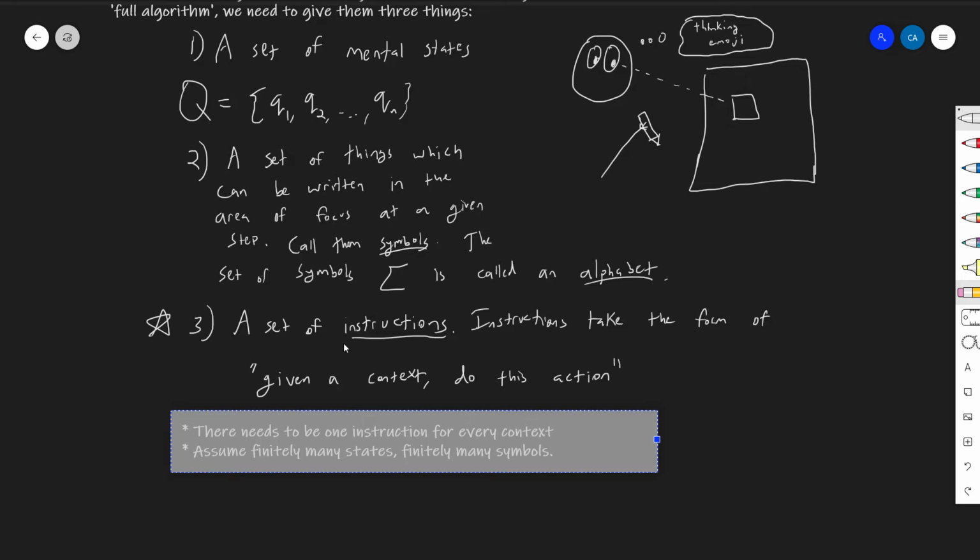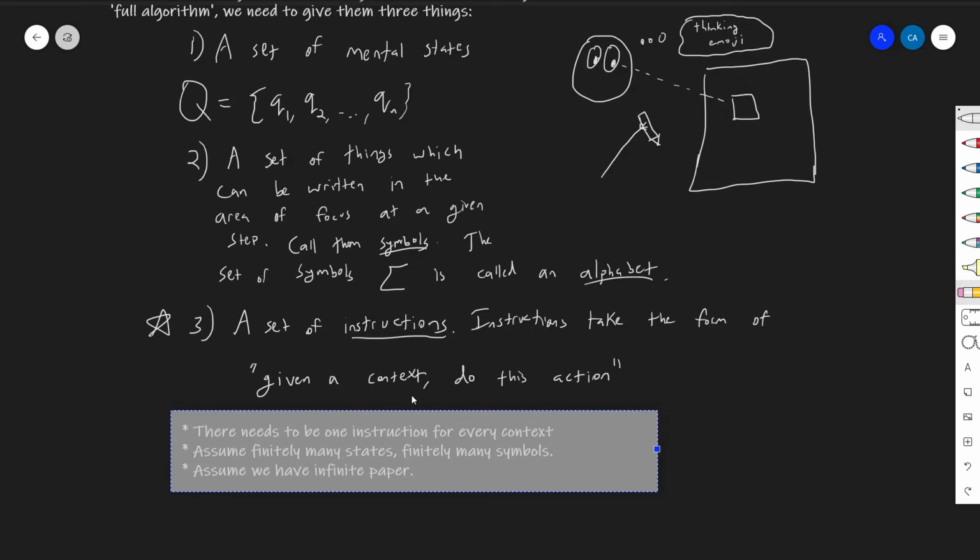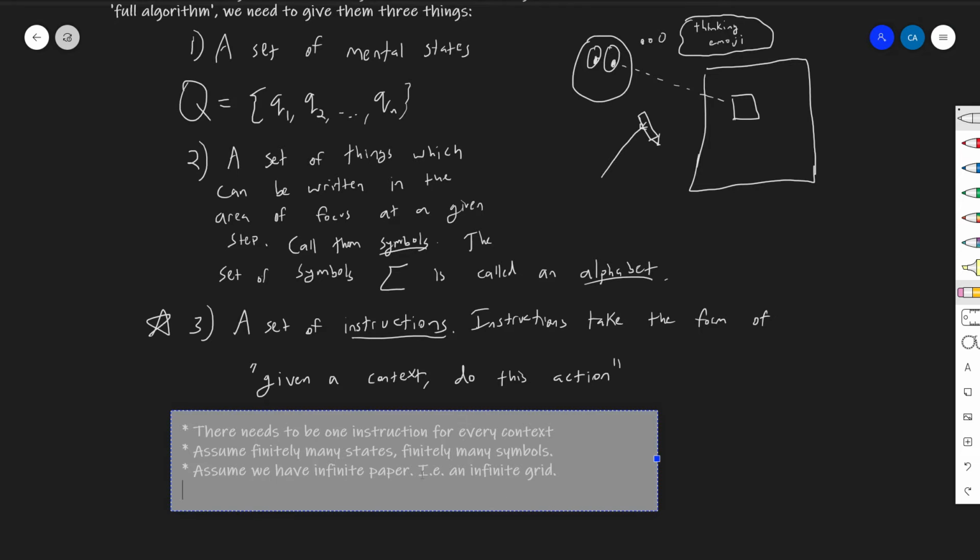So before I say that, though, I should repeat, assume we have infinite paper. And by infinite paper, I really mean that I don't have stacks of paper. What I really have is an infinite grid.